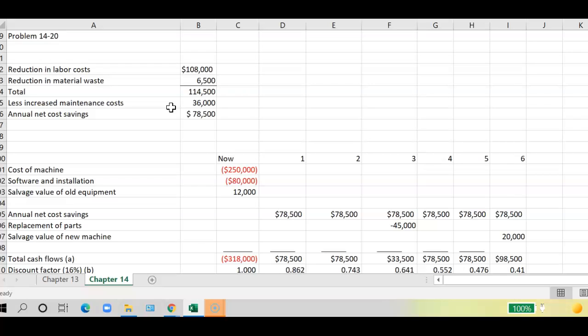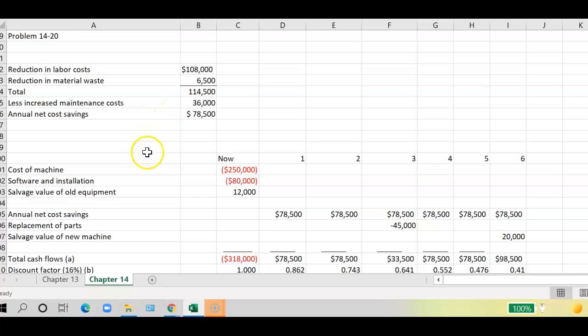"I'm still not convinced," countered Mr. Alter. "We can only get $12,000 scrap value out of our welding machine if we sell it now, and in 6 years the new machine would only be worth $20,000. But have your people work up the figures, and we'll talk about it in the next executive committee meeting."